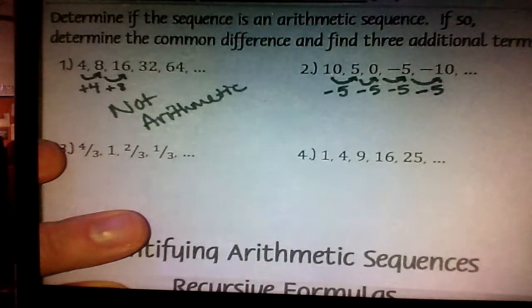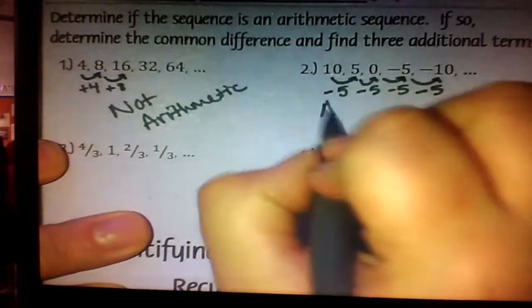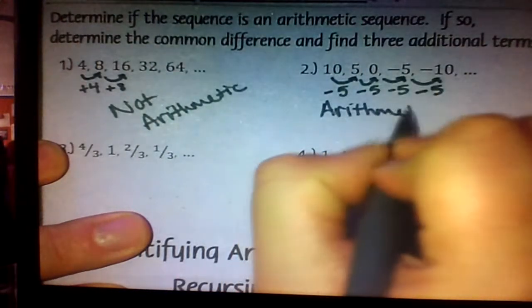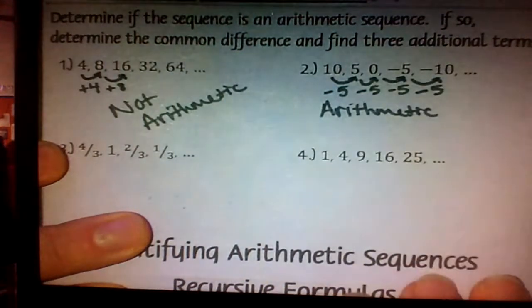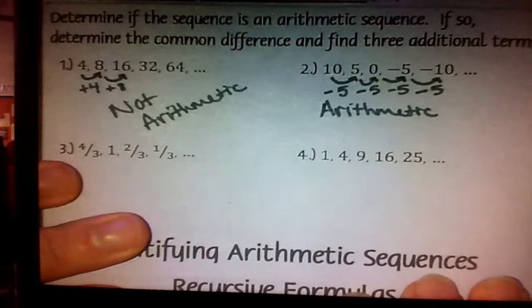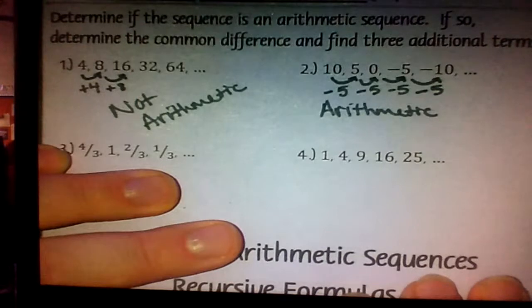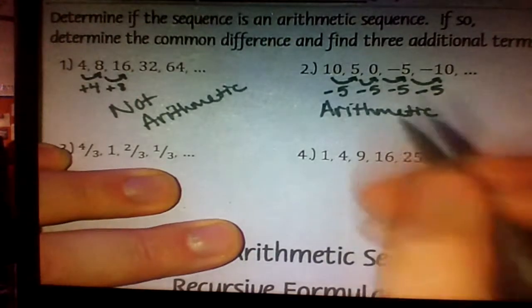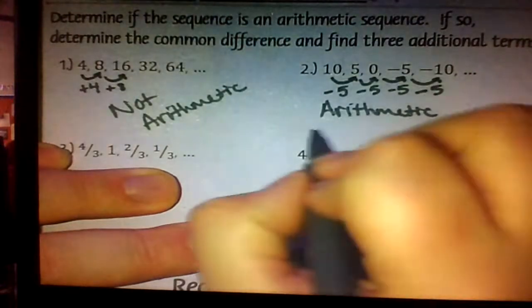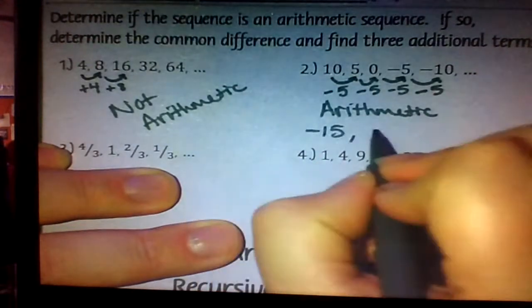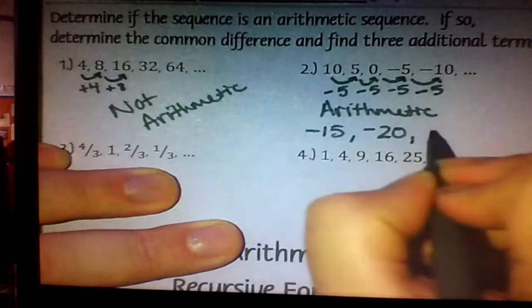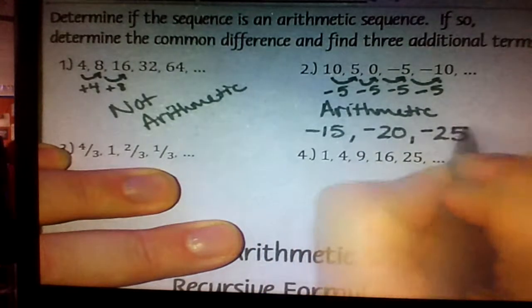Because this pattern is all the same and we're losing 5 every time, this is arithmetic. And what's my next 3 terms? What should come after negative 10? Negative 15, then negative 20, and then negative 25.